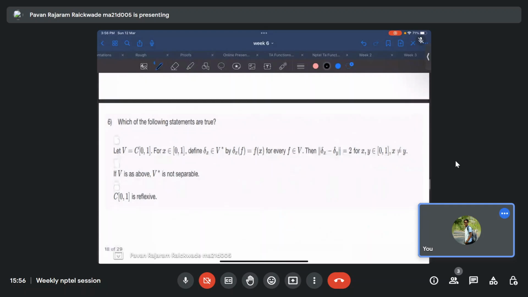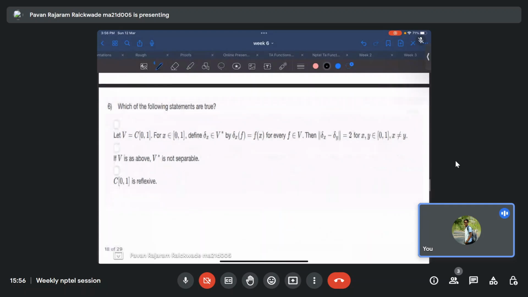So what is norm of delta x minus delta y? It is the supremum of all |delta x minus delta y at f|.